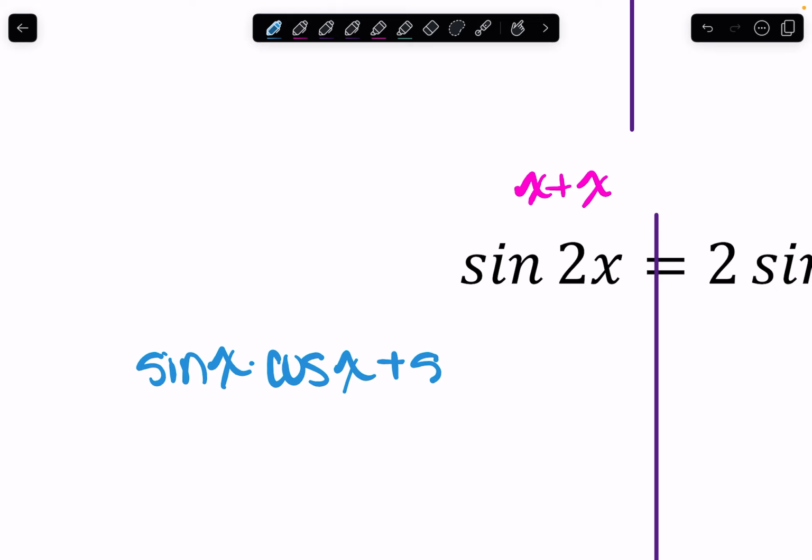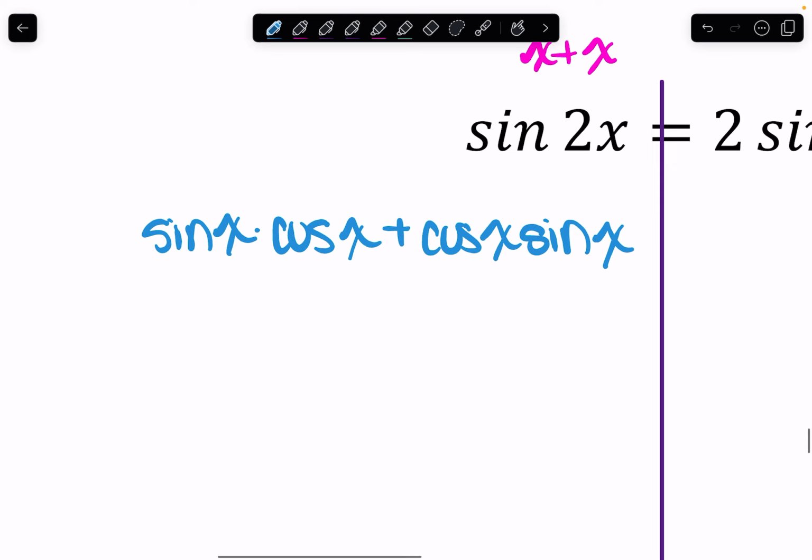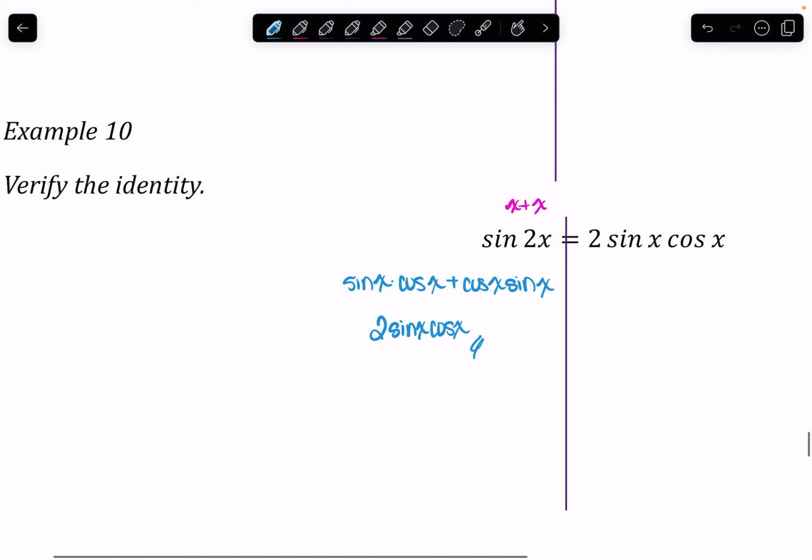Keep the sine, cosine first angle, sine second angle. Those are like terms, just the multiplications backwards. So that is going to be 2 of them. 2 sine x cosine x. This is your double angle for sine. So you will actually get these as identities that you can use in the next section. I don't like to memorize those identities because it can be done with a composite just like we did here.